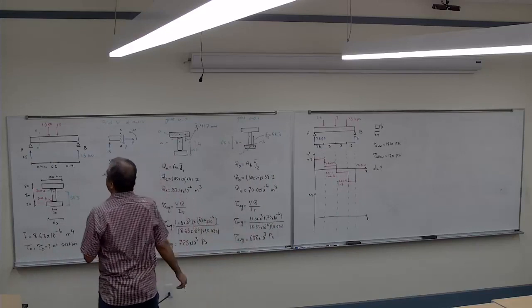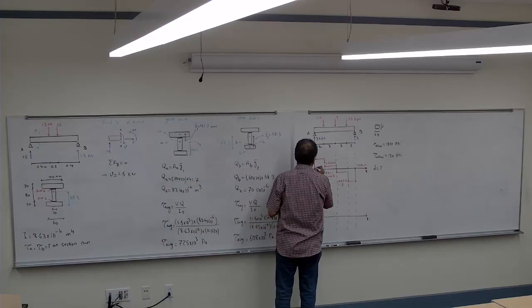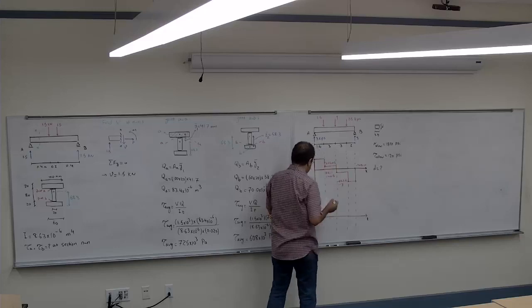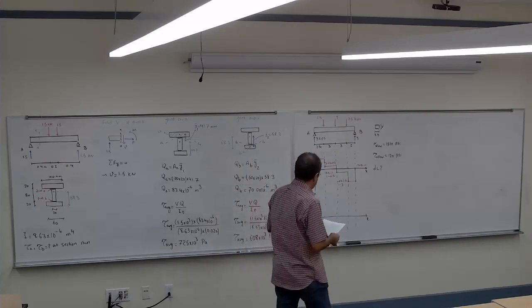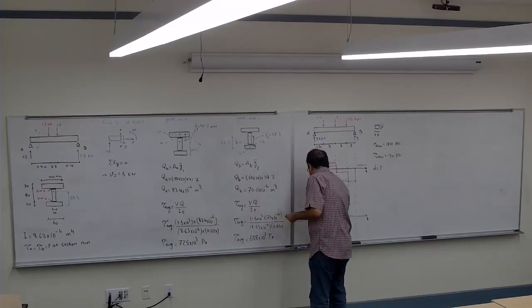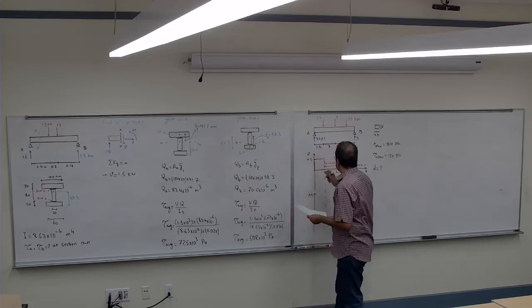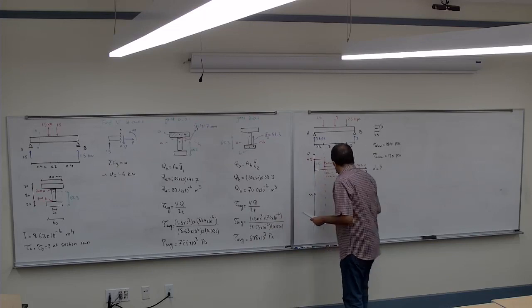Now about the moment. If I want to find the moment, I have to calculate the area under each of these. How much is the area here? It's 3 times 2, so it's going to be positive 6, correct?